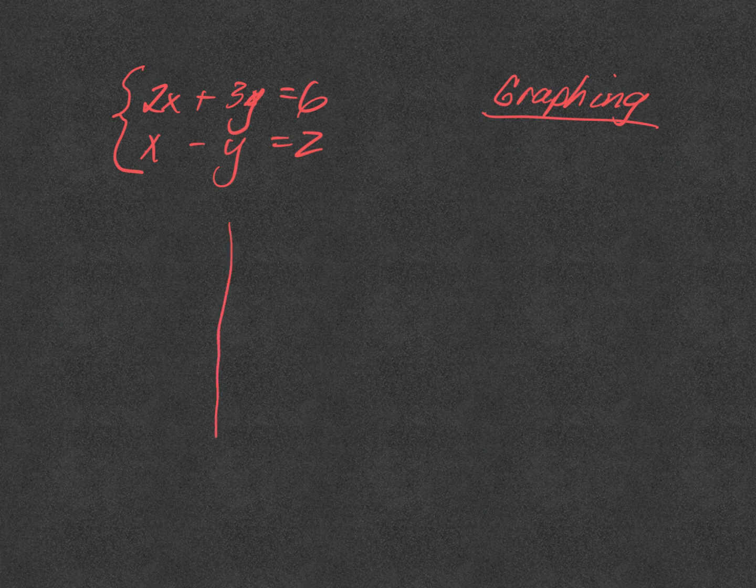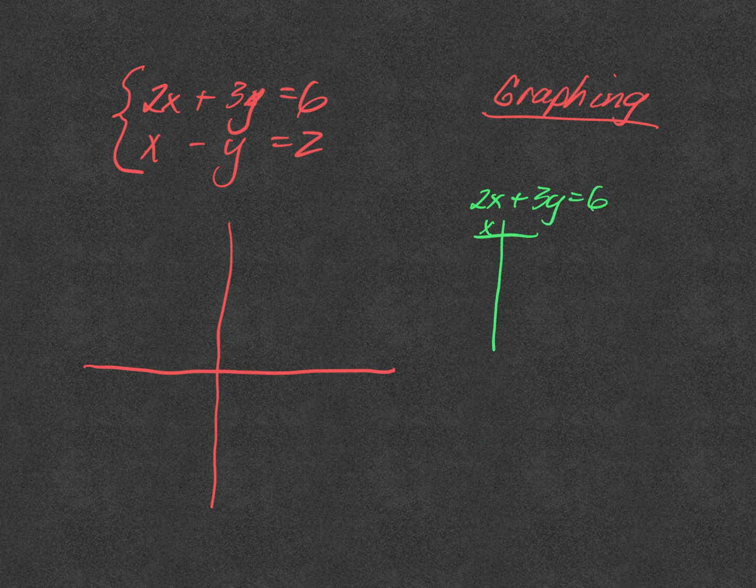How do we graph? We're going to make an XY chart for each equation. So 2x plus 3y equals 6. I'm going to graph this by doing intercepts. When x is 0, I get 3y equals 6, which tells me y will be 2, because I can divide both sides by 3.